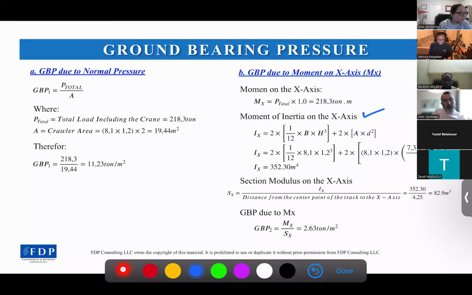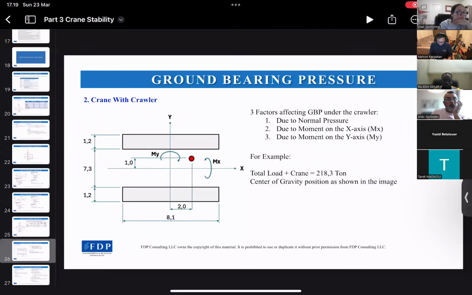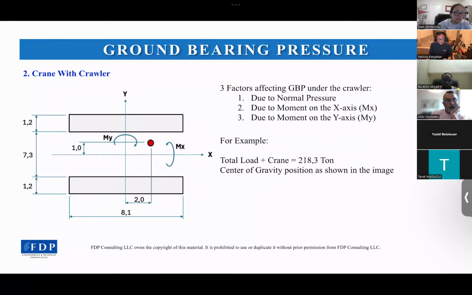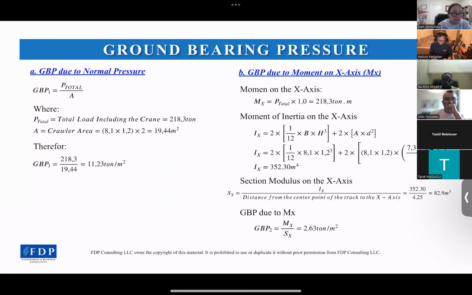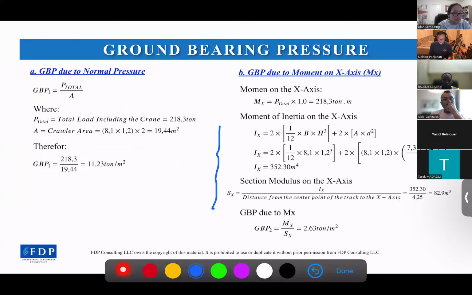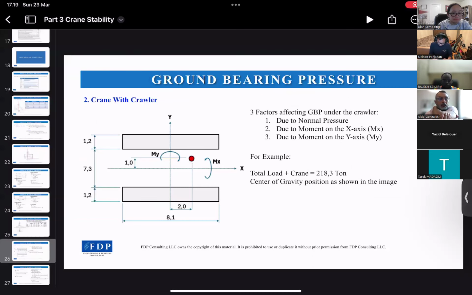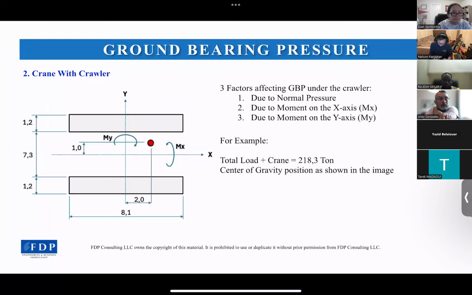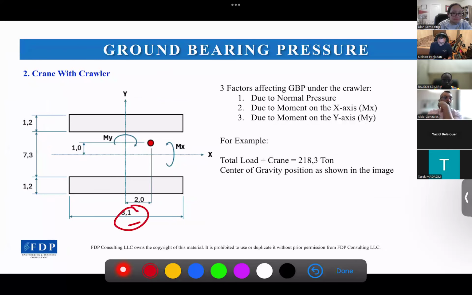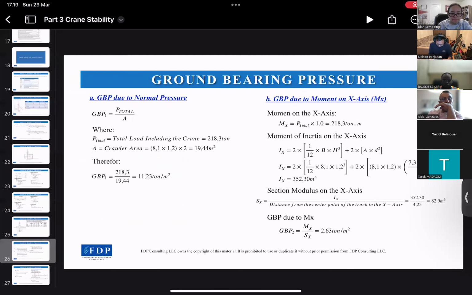But for me, if the shape of the crawler for the cranes that you're going to use is the same as this, then I think you can just simplify by using this formula. So you only need to adjust the dimensions B and H and A and D. B is the length of the track here, and H, 1.2, is the width of the track.